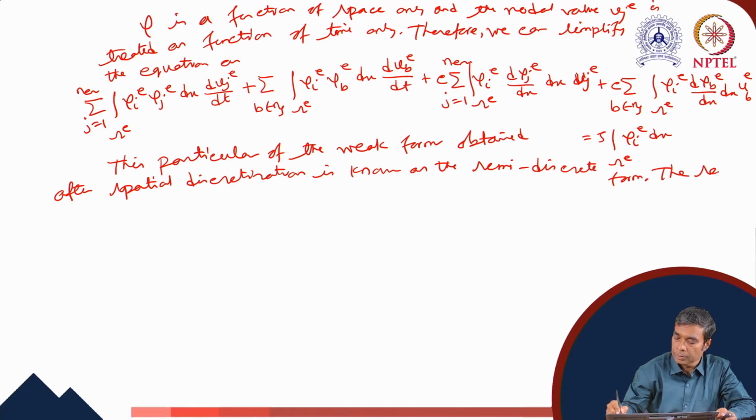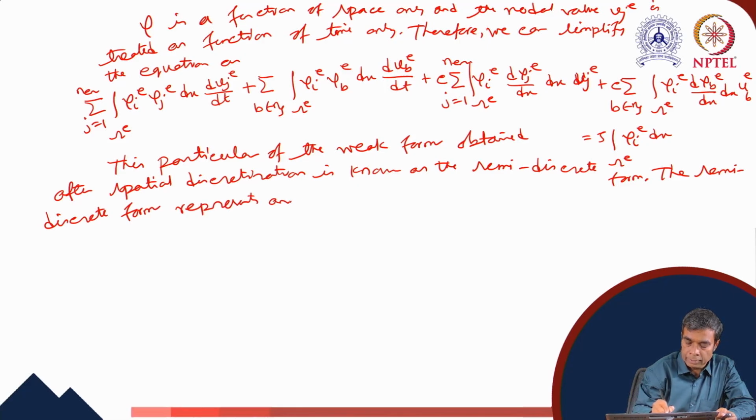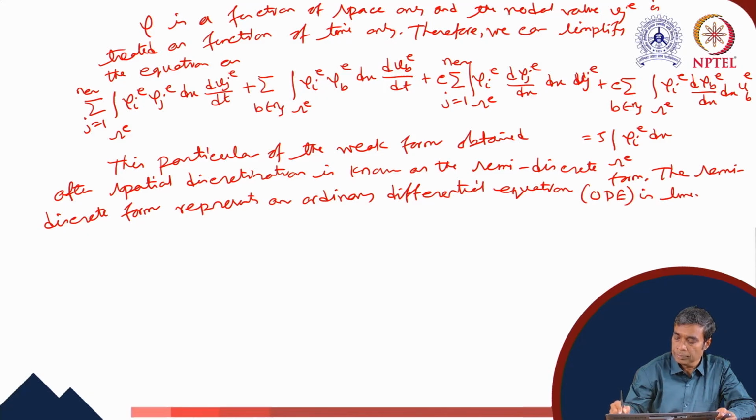The semi-discrete form represents an ordinary differential equation or ODE in time. This we have already discussed in the first lectures of this module in conjunction with the unsteady parabolic partial differential equation.